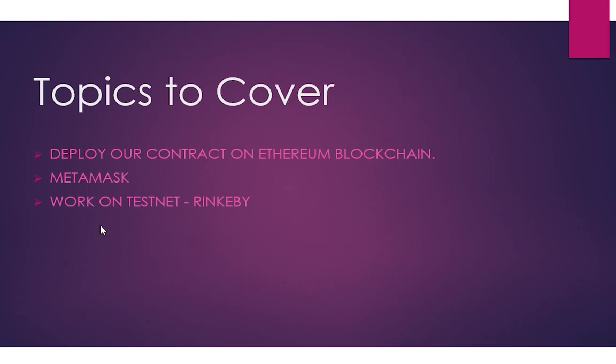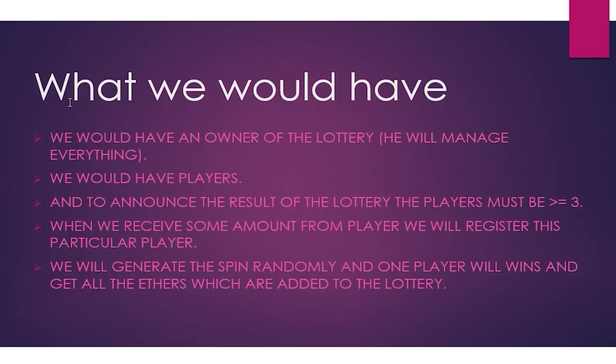These are the three topics we are going to cover in this video, and there are some things in our project I want to tell you before starting, so you will be more familiar with them and there will be no confusion about why they exist and why these things are happening. In the third slide we have the heading: we would have an owner of the lottery.